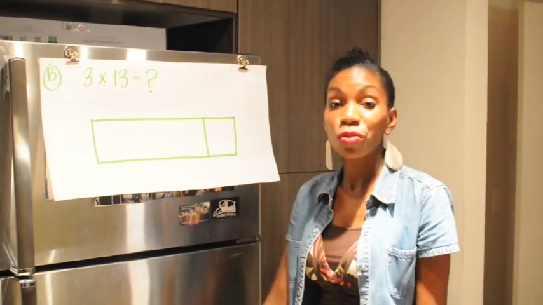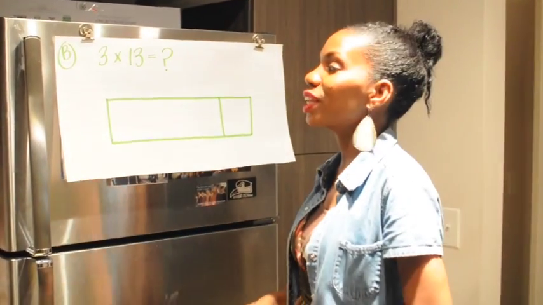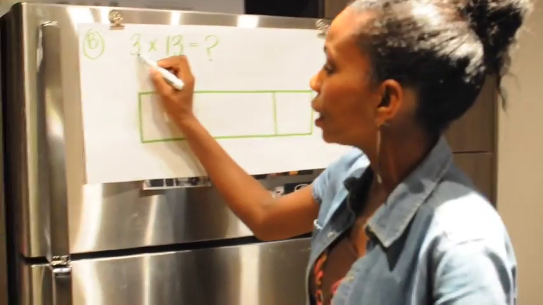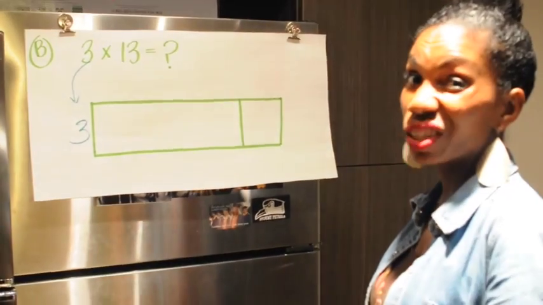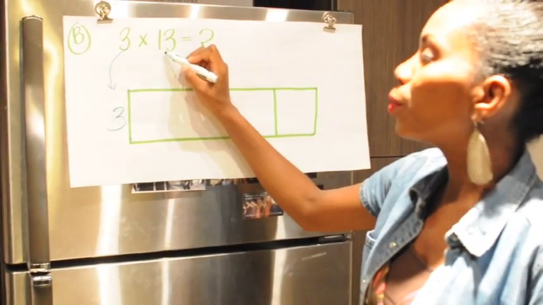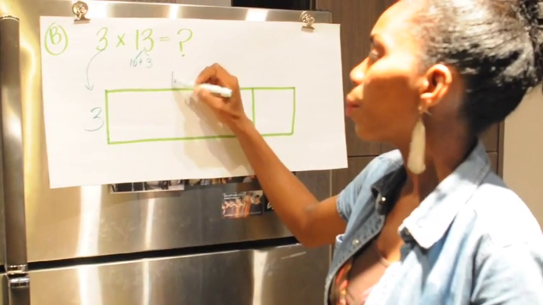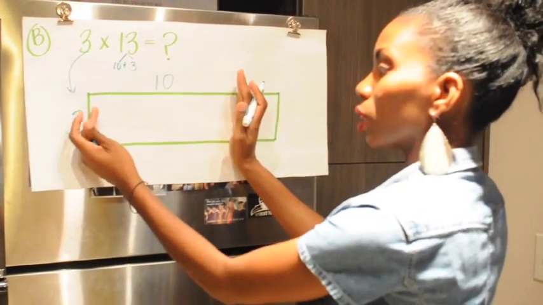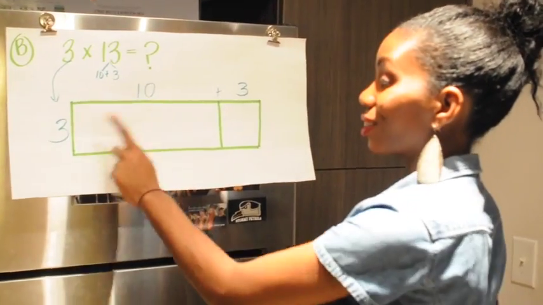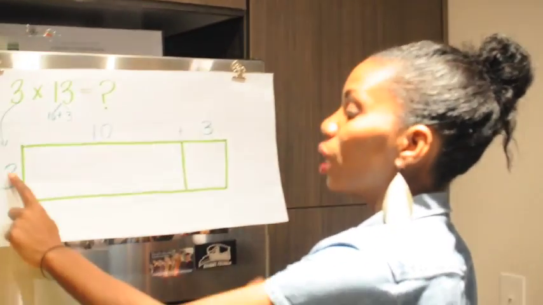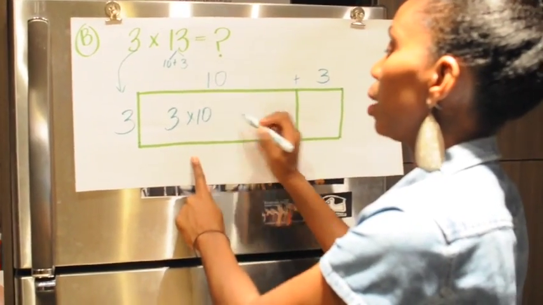paper. Just as before, we're going to look at a problem we've already done, 3 times 13. Now, again, I'm going to take this 3, and the 3 is going to come right here on the outside of my box. I would do it on your paper if I were you. And then I'm going to break this 13 into 10 plus 3, and I'm putting 10 on this part. Look, that's the bigger part. And then my 3 here, because 13 is 10 plus 3. So now, here, coming together is 3 times 10.